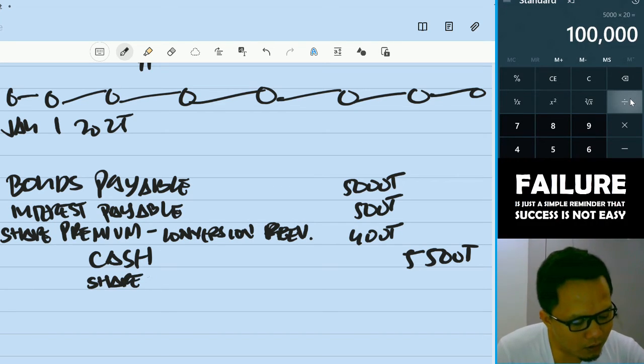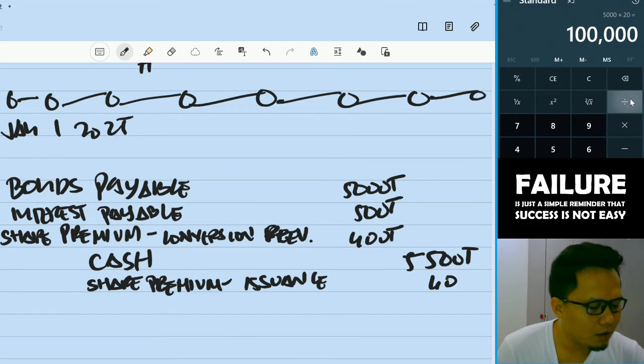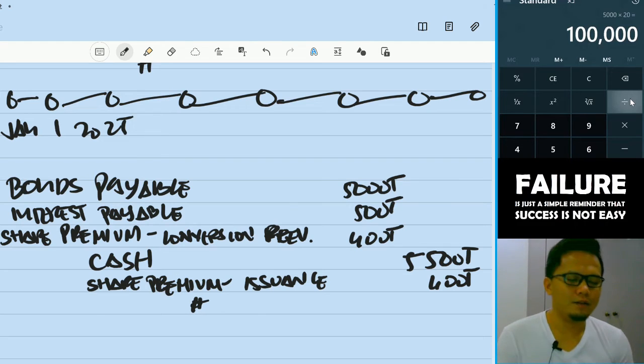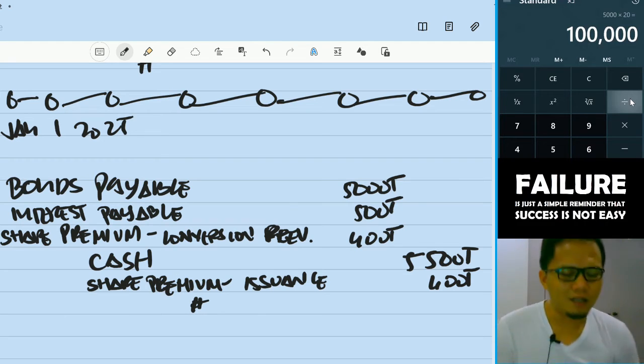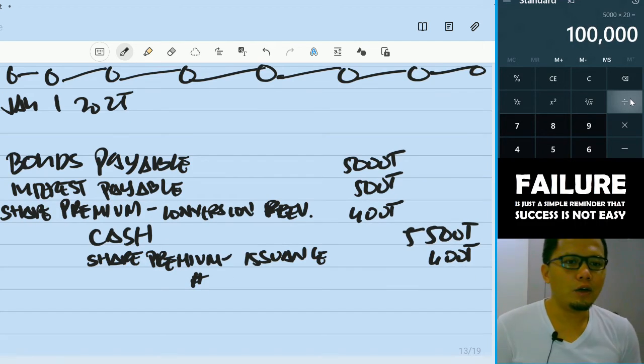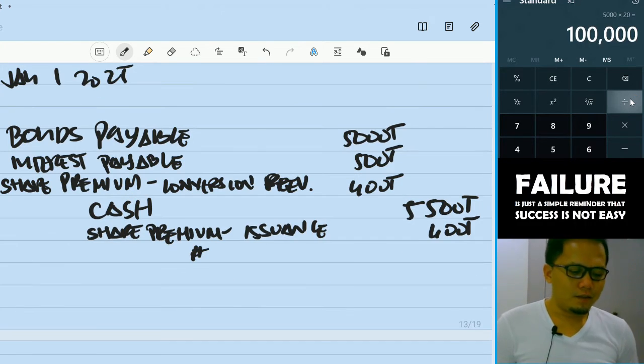Then, reclassify the share premium conversion privilege to share premium issuance at 600,000. So, easy, right? That is the entry on the date of payment on maturity date for convertible bonds.